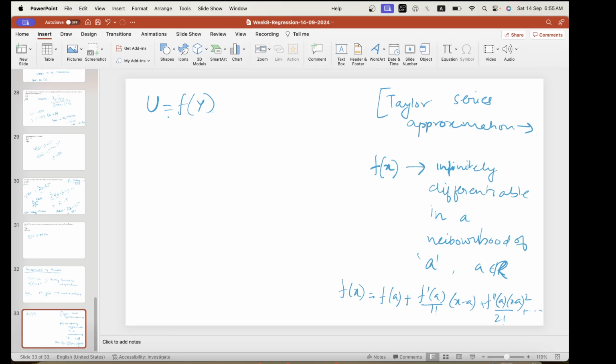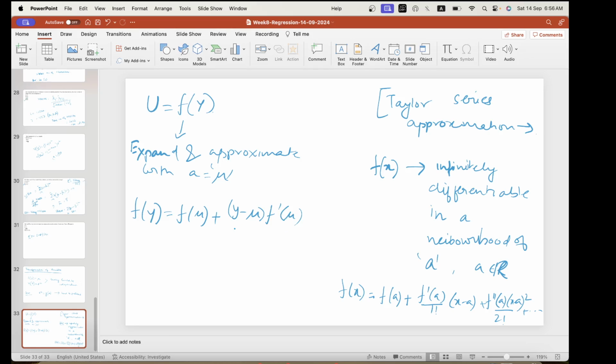Now u equal to f of y, if we expand and approximate with a as mu, then we can write f of y as f of mu plus y minus mu into f prime mu by 1 factorial plus y minus mu whole square f double prime mu by 2 factorial plus so on.